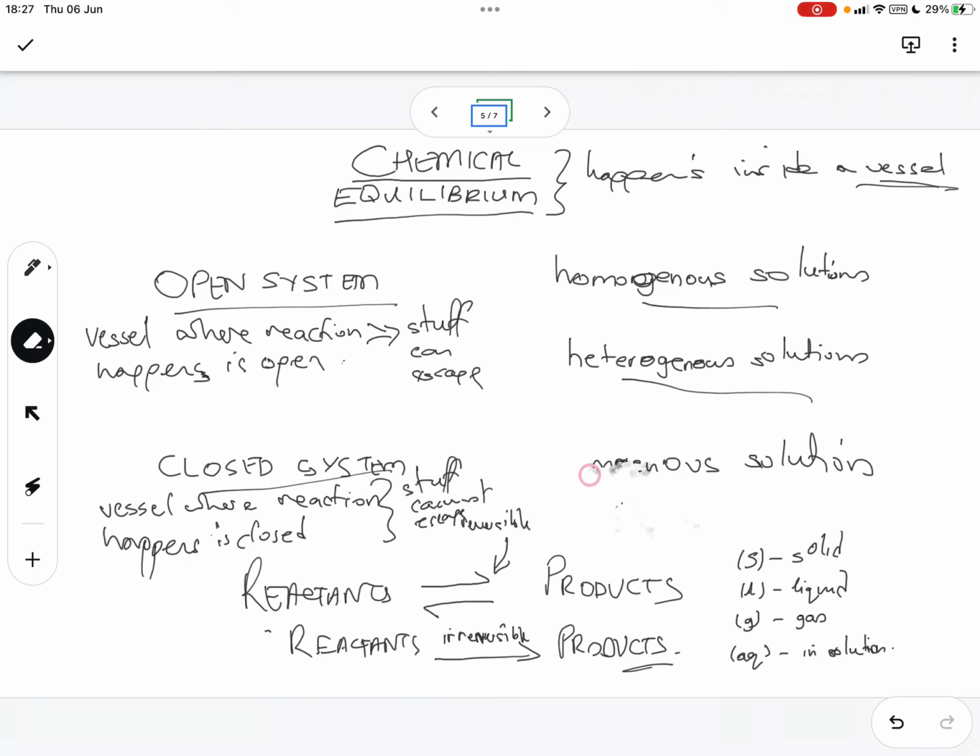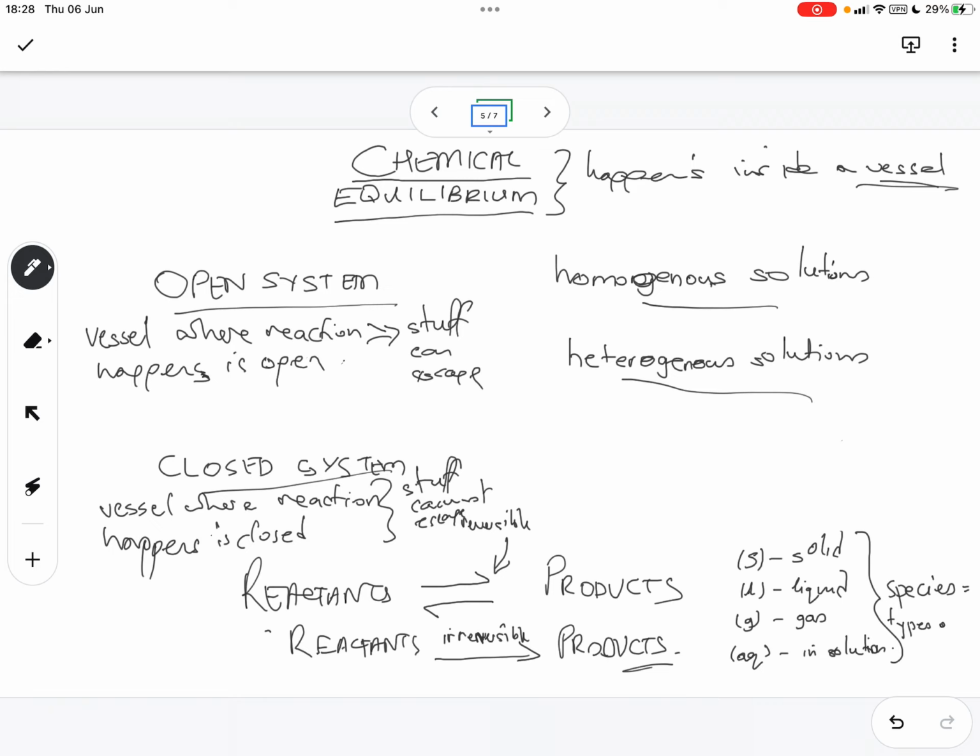okay, let me write this. Let's erase these. So there are things called species in chemistry, now, in chemical equilibrium.